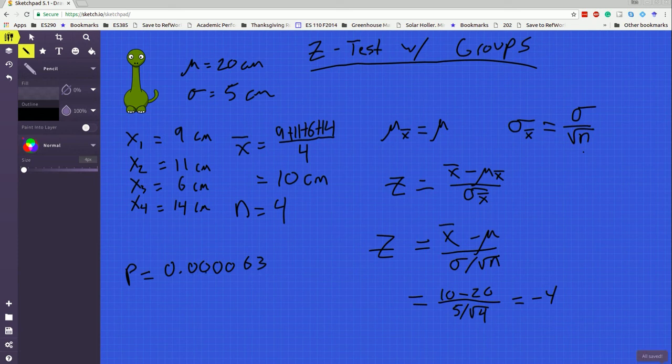In other words, 0.0063%, which is way, way, way, way, way below 5%, or 0.05. So what we know is that the probability of measuring a group of values that are more extreme than this group of values is really small, okay?